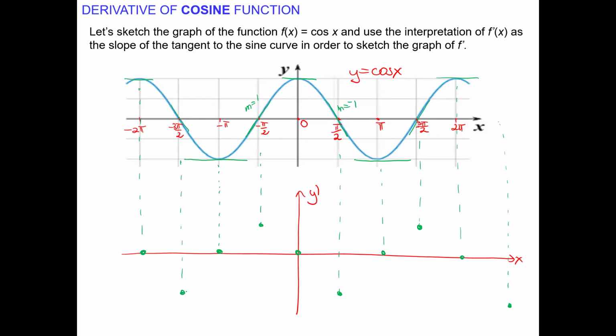And now what is happening? Let's just look at one section between zeros. Maybe here, this is 0. The slope of the tangent is increasing, reaching the value 1, and then it's again getting less steep and reaching 0.